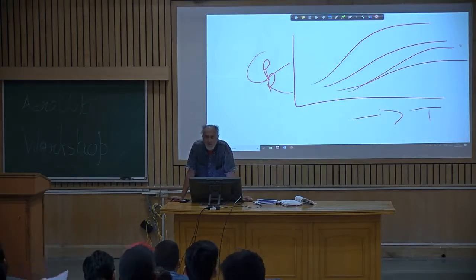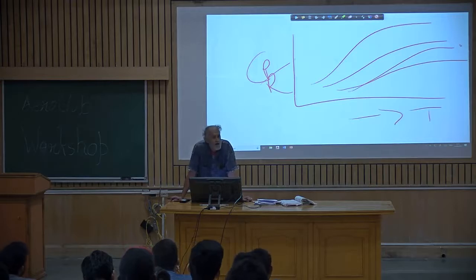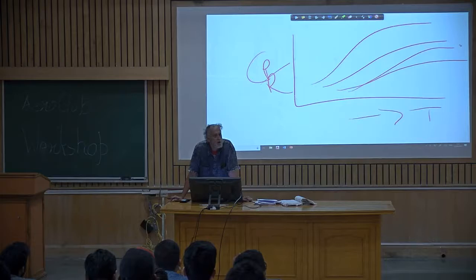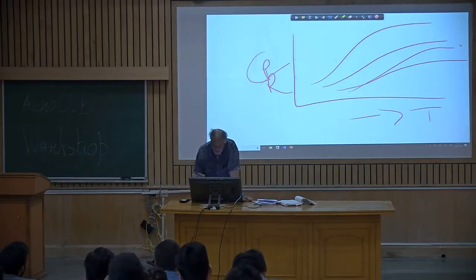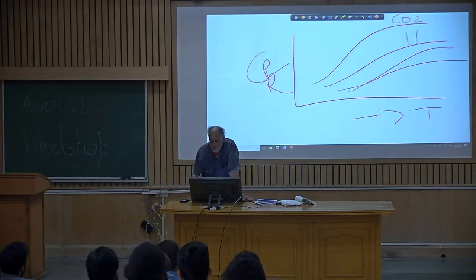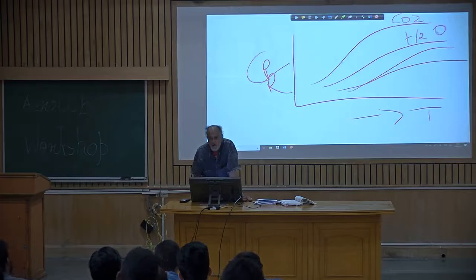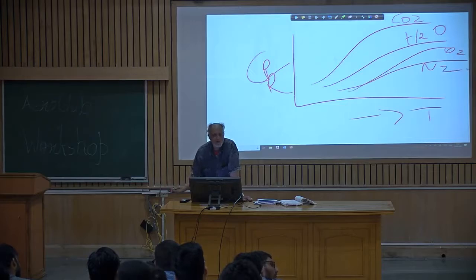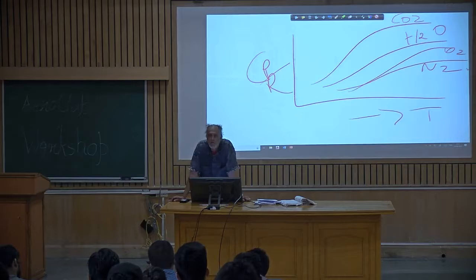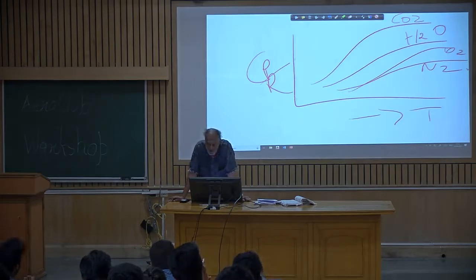Yes. For more vibrational modes, should the molecule be simple or a little more complicated? A more complicated one. So this is carbon dioxide, this is water, and these are oxygen and nitrogen. Their heat capacities are lower because simple molecules have fewer vibrational modes than complicated molecules.